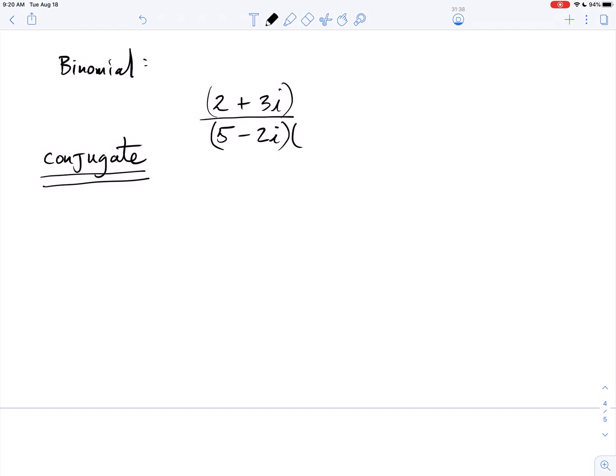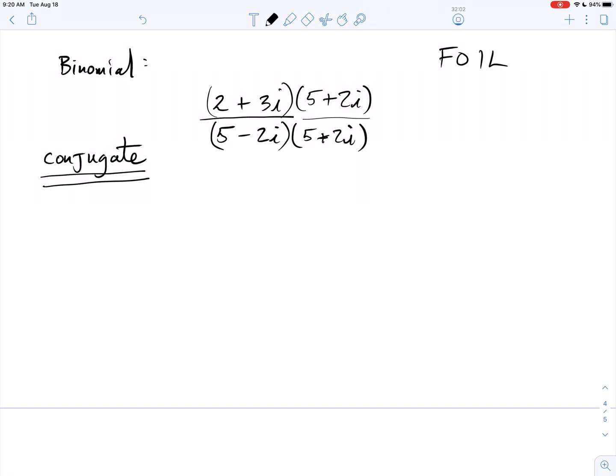So here it is. The exact same numbers, but you change the sign in the middle. Oh my God, how did I mess that up? So if I multiply the top and bottom by the exact same thing, I'm not really changing it, but what you'll see is I am now going to have to FOIL this stuff again.